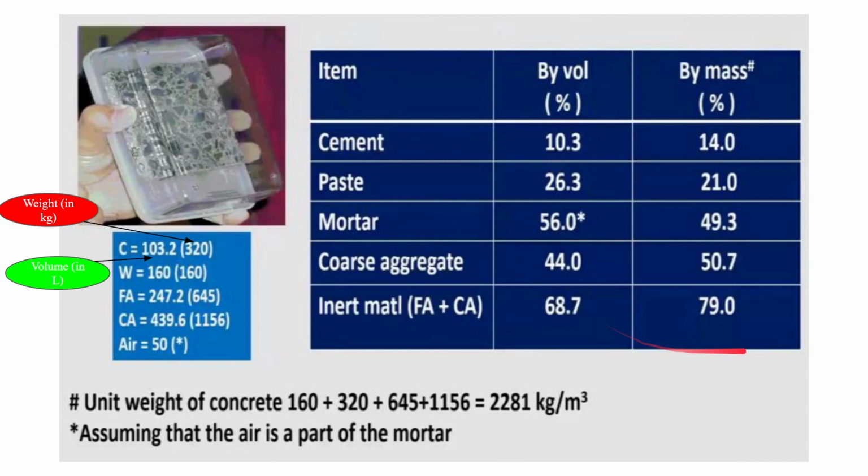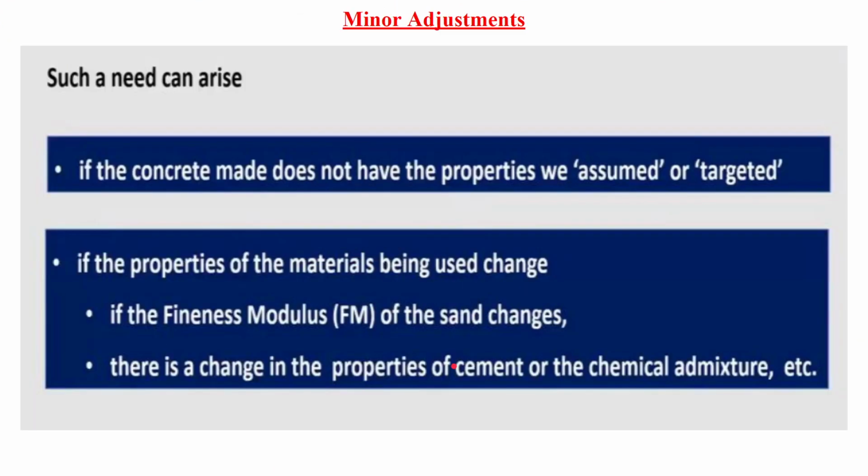So basically the coarse aggregate contained the majority of the portion, around 50%. The sand was around 25 to 30, the cement around 10 to 15, and the water around 10%, and the total mortar consisted of 50. So that is the volume distribution of the concrete materials.